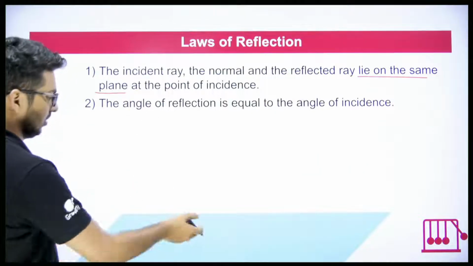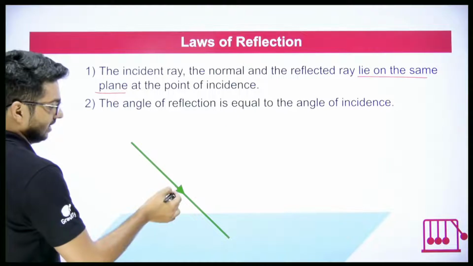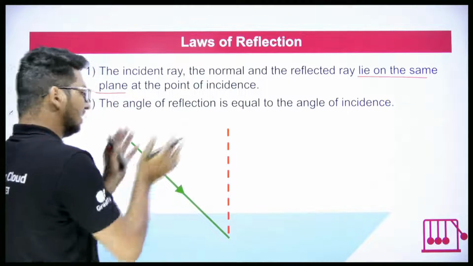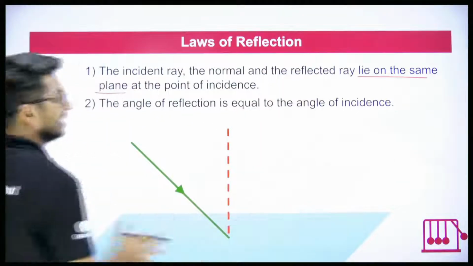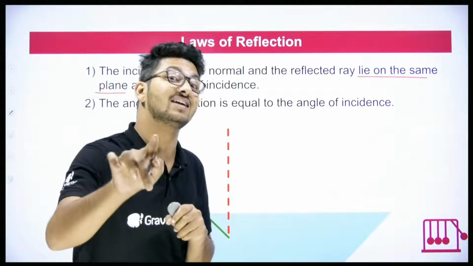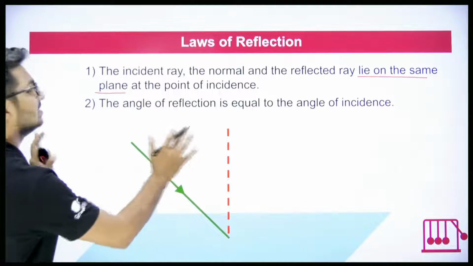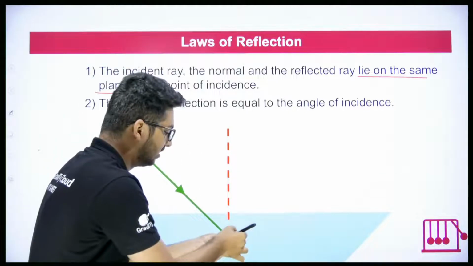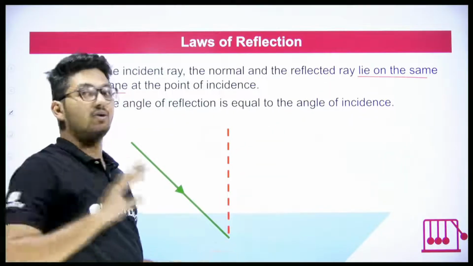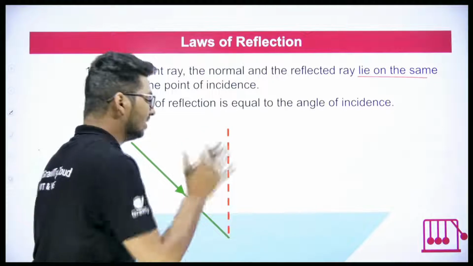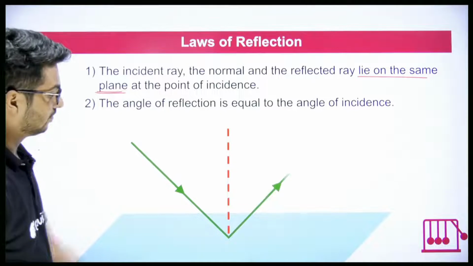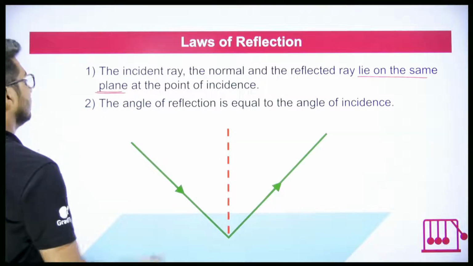For example, if this is the incident ray, the arrow shows it, and this is the normal, both of these are on the screen. That means the reflected ray will also be on this screen. It will not be outside of the screen. It will lie on the same plane, at the point of incidence.